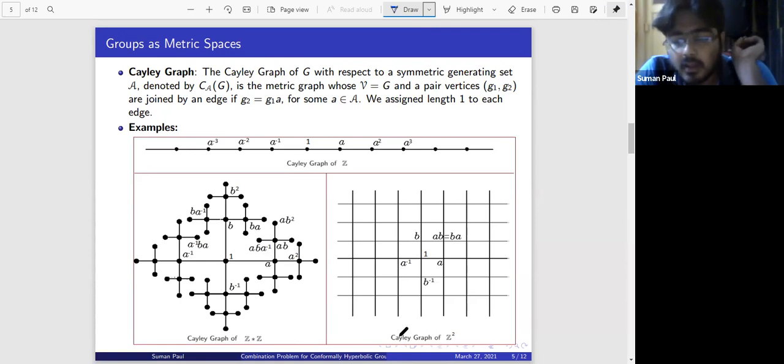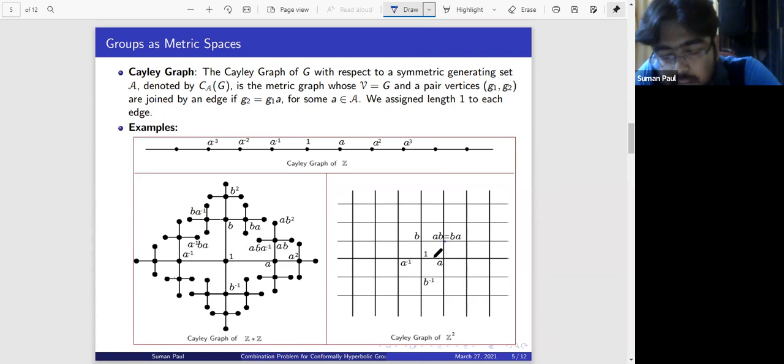Okay. And the third example is the Cayley graph of Z direct product Z, and the generating set is taken to be A, B, A inverse, B inverse. And here you see that there are loops, because if you go along this line, you take 1, then A, then AB.